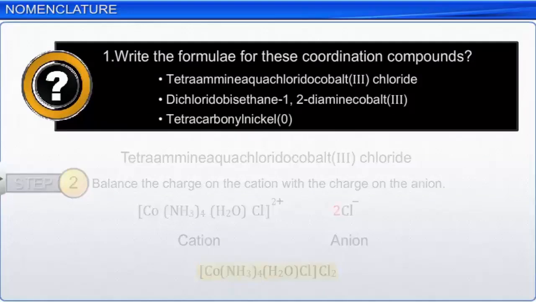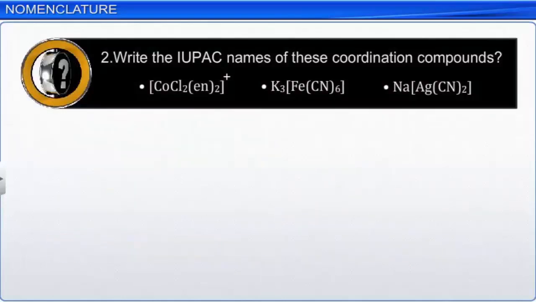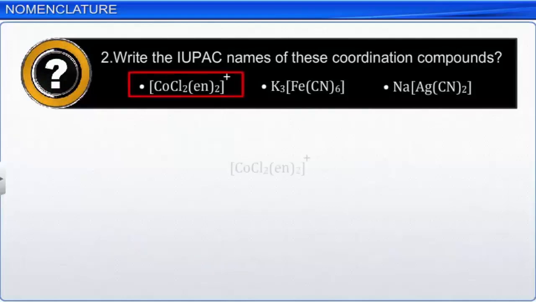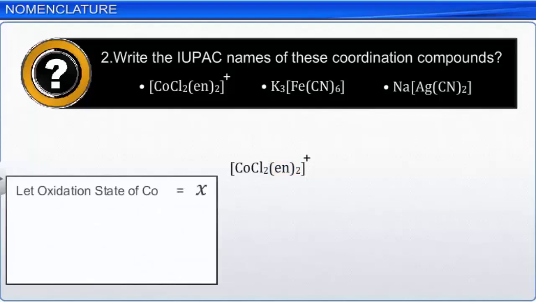Coming to the second question. The first complex is a cationic complex and has two chloride ligands and two ethane 1,2-diamine ligands. The oxidation number of cobalt, as calculated here, is +3. Following the alphabetical order in naming the complex, chlorido ligands are named first, followed by ethane 1,2-diamine.